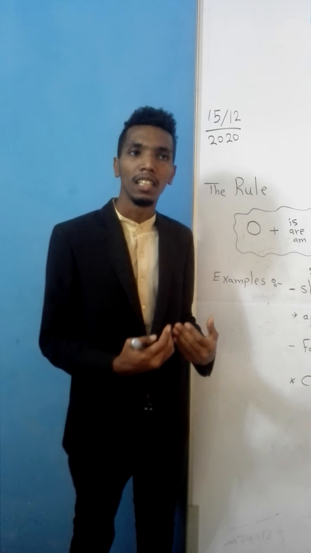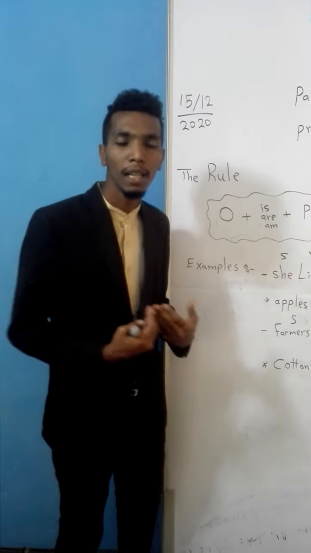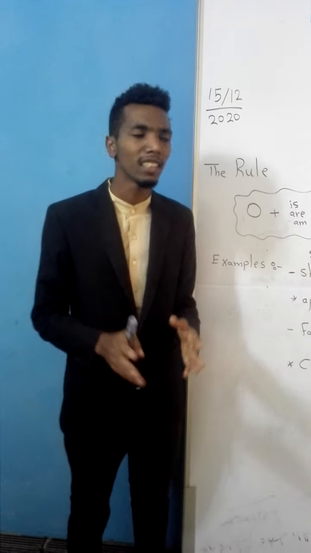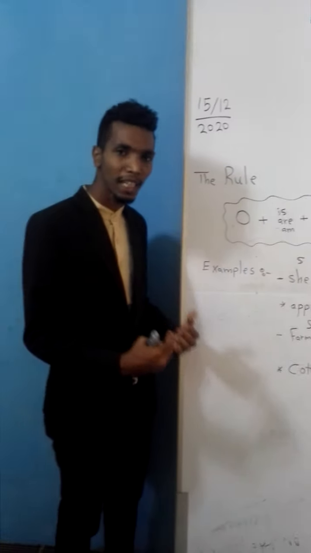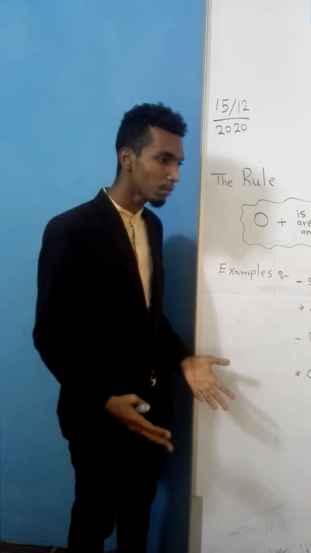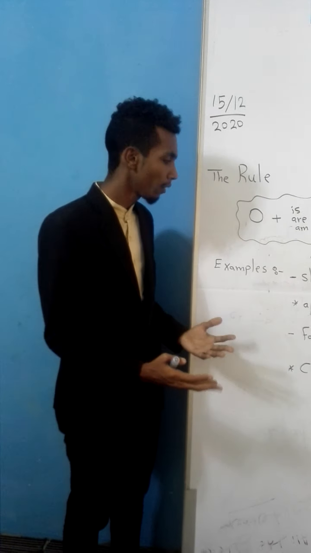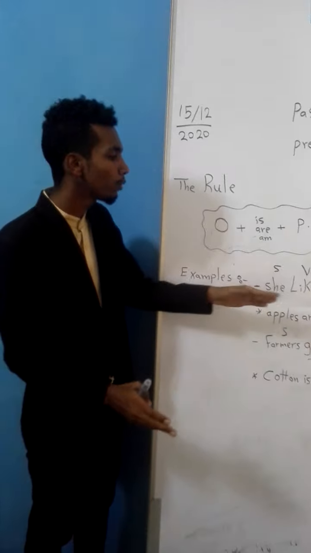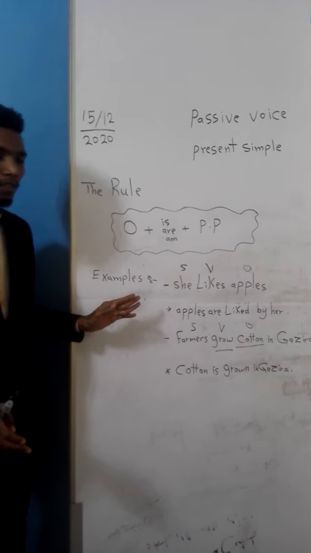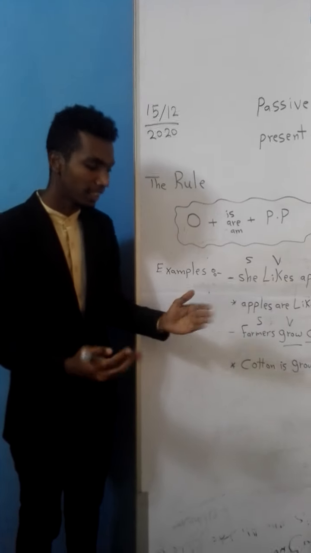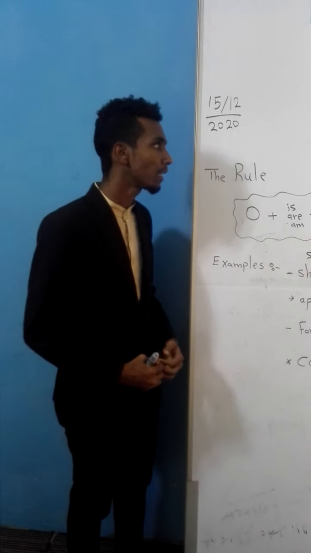School is gone to by me. Okay, for any sentence in the present, just apply the rule, analyze the sentence, break the sentence down. To break something down means to analyze the sentence. If you analyze the sentence, you will be able to know where the object, the verb, and the subject are. The object is the key. Always start with the object.